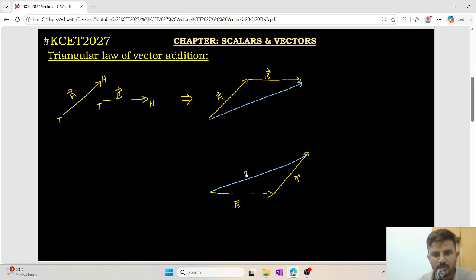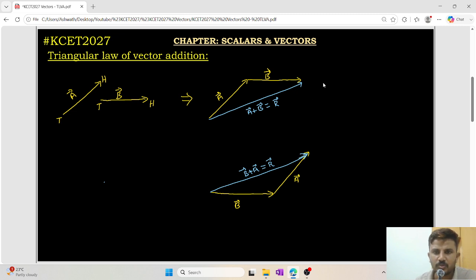This gives you B plus A, and this gives you A plus B. This gives you the sum of A and B, that is called the resultant of A and B. In both cases, the sum will be the same and the resultant vector will be in the same direction.